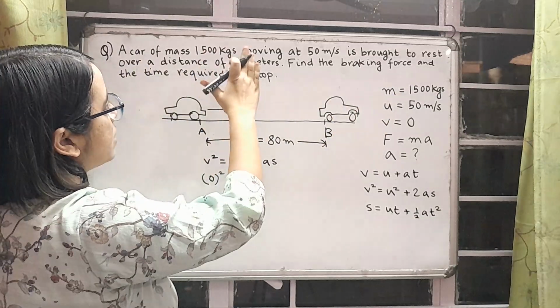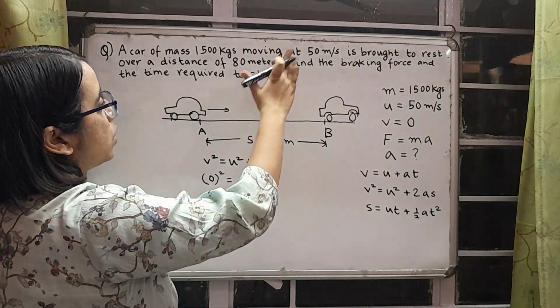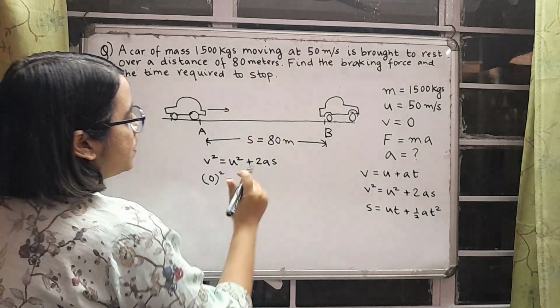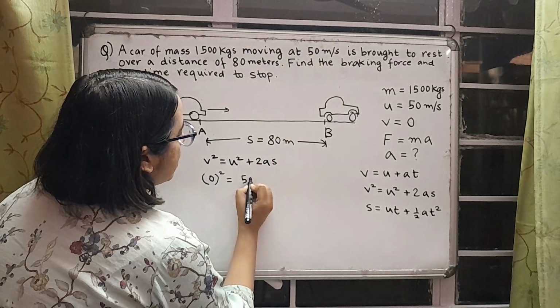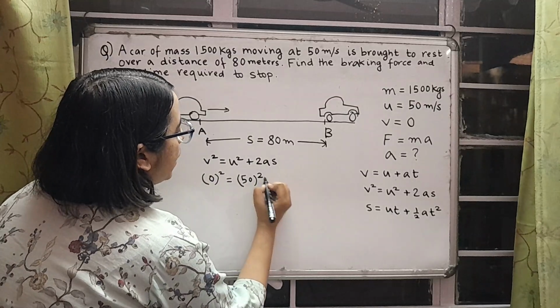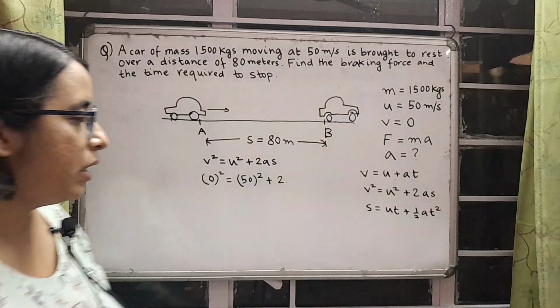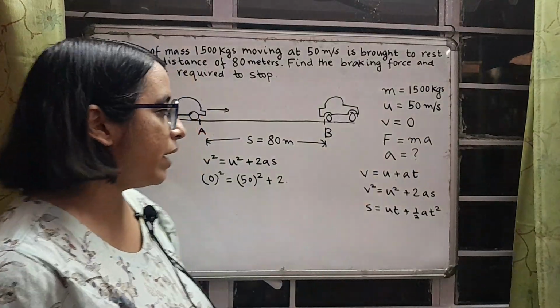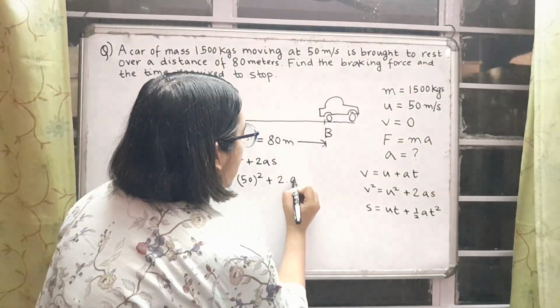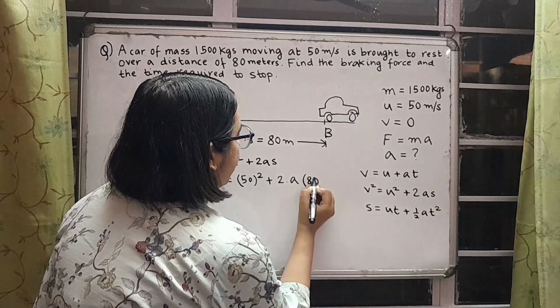A car of mass 1500 kgs was moving at 50 meters per second. So this is 50 squared plus 2, a which you want to find out. So I'll put a here and s is 80.